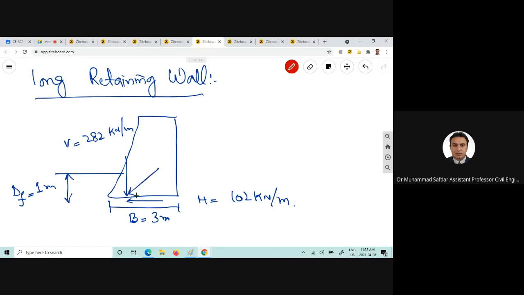Now the resultant which is acting here, if we take the center of this retaining wall, so that eccentricity e_B will be equal to 0.36 meter. Now what else?